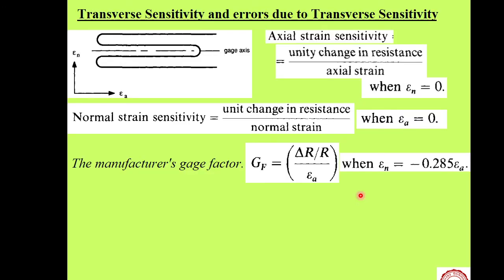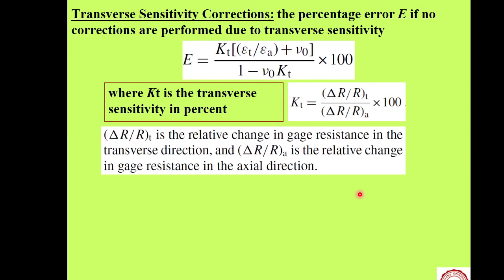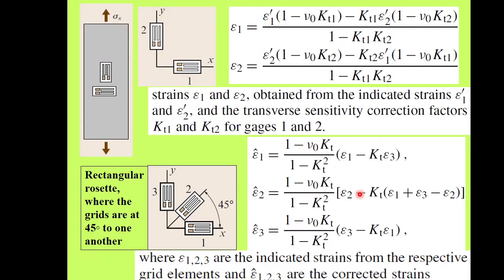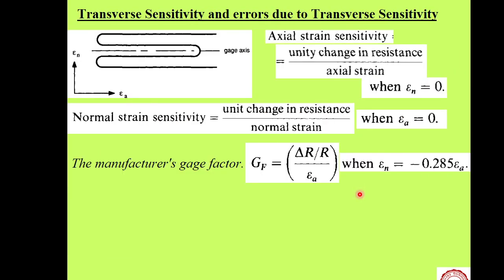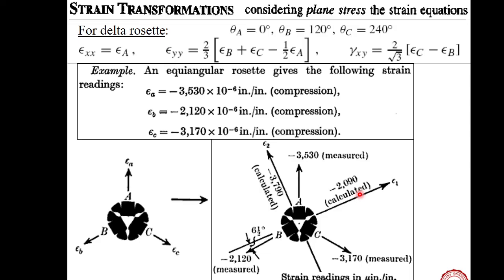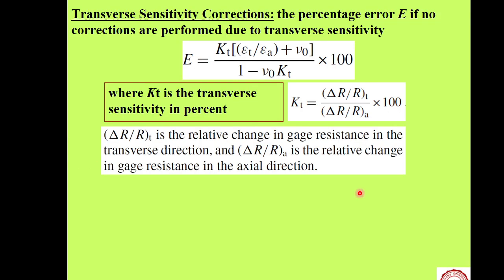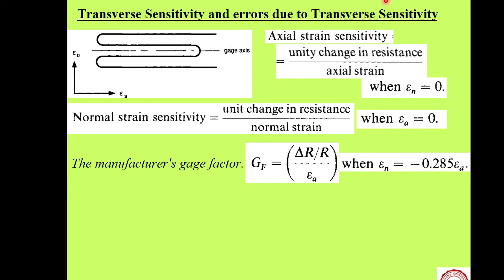Next part, the transfer sensitivity. There is some error which occurs due to this. This is quite a complicated thing and it is not possible to discuss here. So I will make another slide exclusively for the error which comes due to this transfer sensitivity, and then I will discuss it.